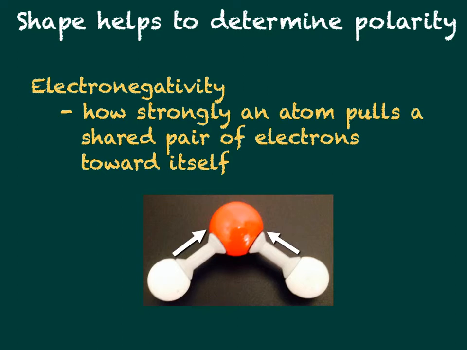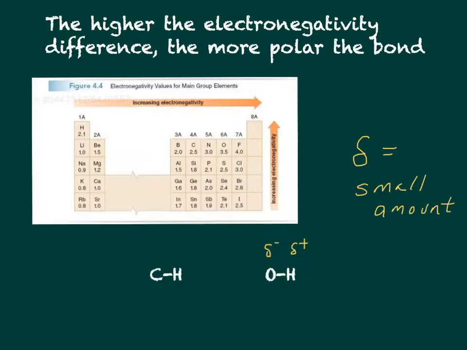It pulls electron density away from the hydrogens toward itself, which makes the oxygen a little bit more negative, and it makes the hydrogens a little bit more positive. And you can think of this in terms of a magnet. This has got two poles, what we call a dipole. The higher the electronegativity difference, the more polar the bond.